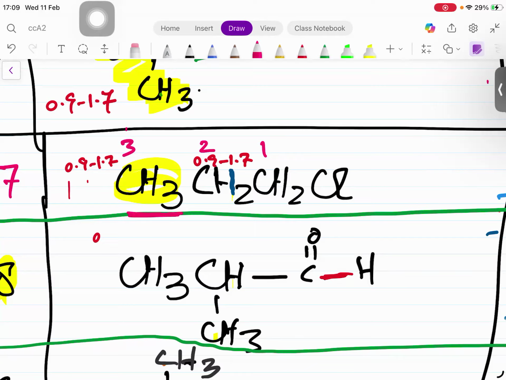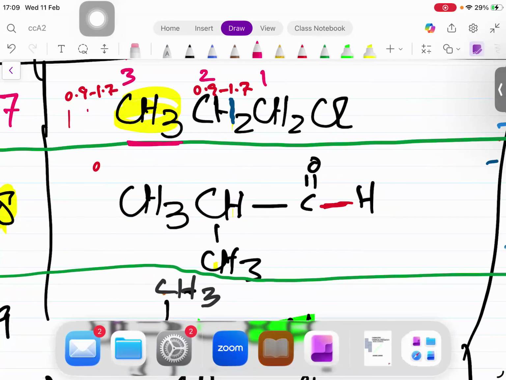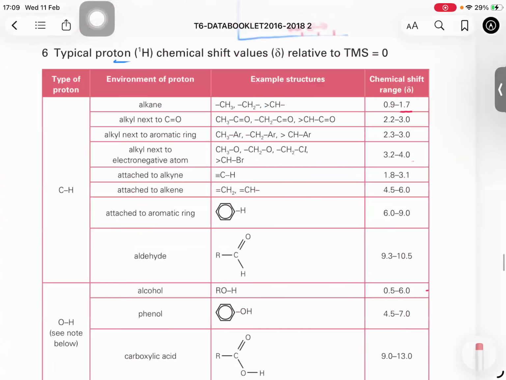Next to halogen. What about this next to halogen? I have not done that, so I cannot open the sheet. I think it's given. Halogen or something, I believe. Sir, 3.2 to 4 is also a value.